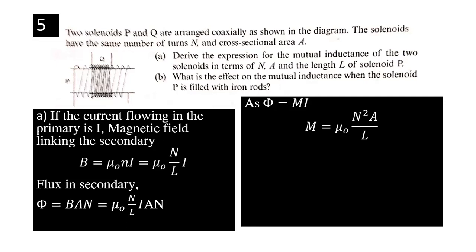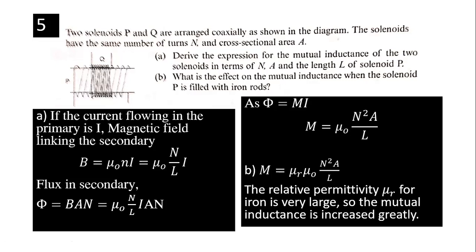Cannot remember what we have learned. Basically, we just multiply this one times this one times your mu r. So we increase your mutual inductance. Relative permeability mu r for the iron is very large, so the mutual inductance is increased.